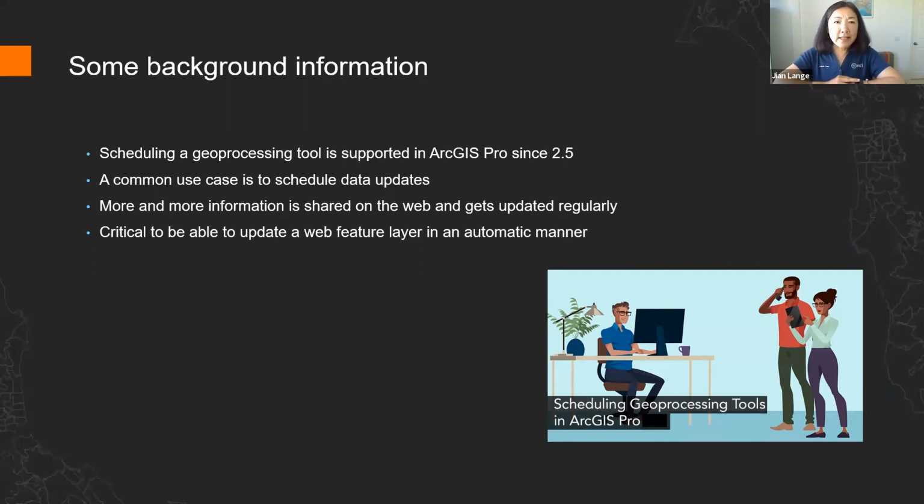This makes a lot of sense to me because nowadays we mostly share information via the web, and a lot of this information gets updated regularly. Unless you're reading a real-time feed or have a layer being constantly updated by a field crew, it is critical to have a streamlined workflow to update that web feature layer in an automatic manner.